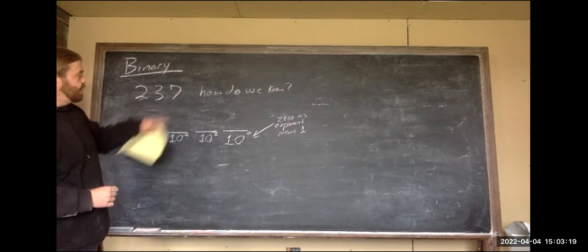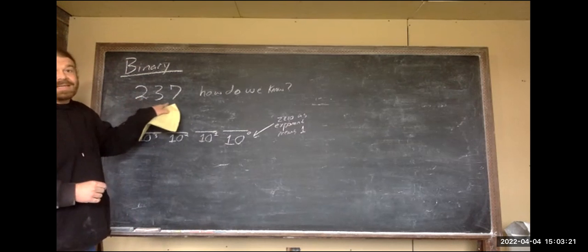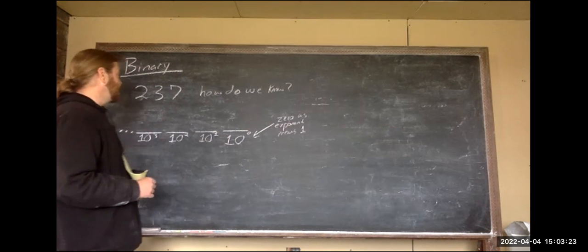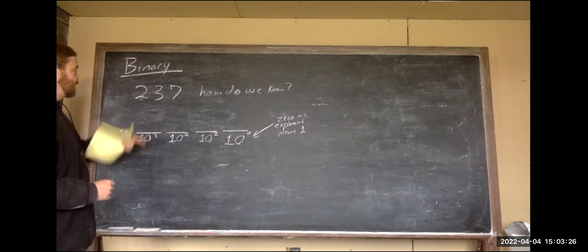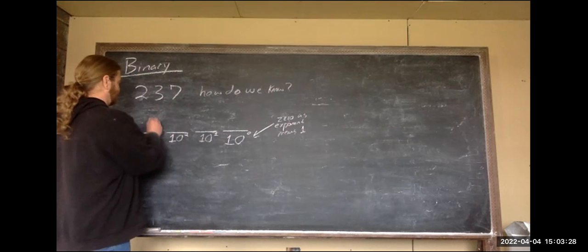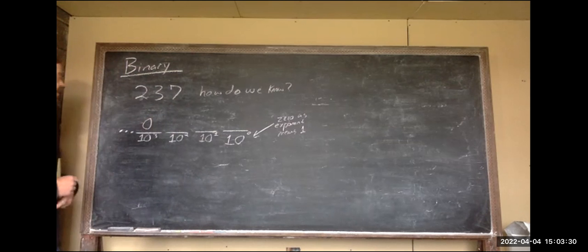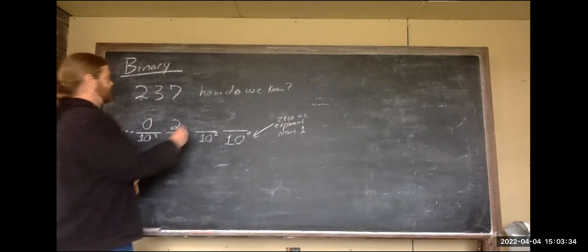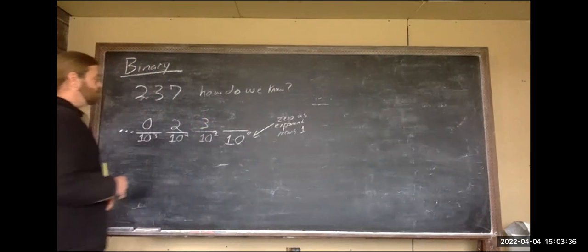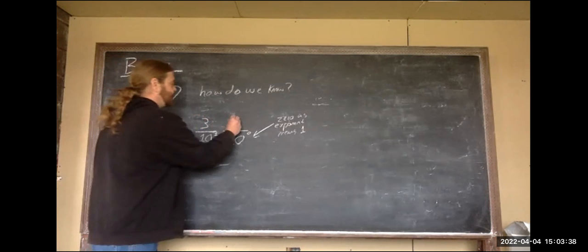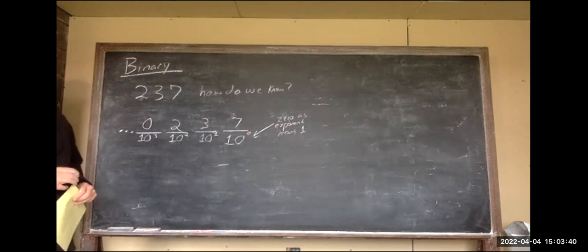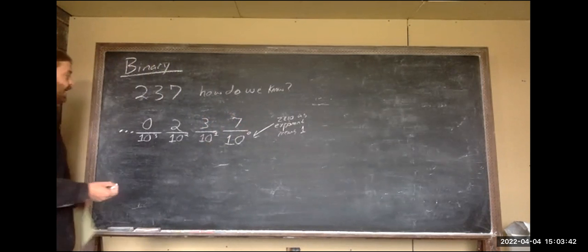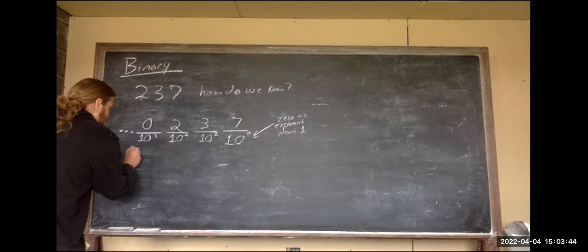And then we know what these symbols represent because of where they're at in the columns. So we don't have any 10 cubes. Then we have 2 10 squareds, 3 10 to the first power, and 7 10 to the 0 power, which is 1. And that's where we get that number.